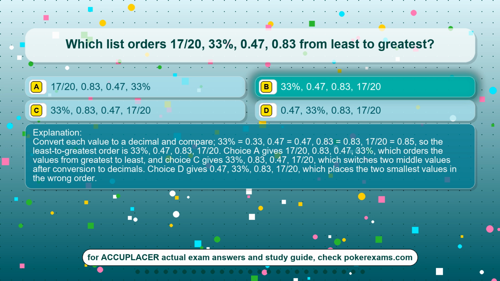Choice A gives 17/20, 0.83, 0.47, 33%, which orders the values from greatest to least, and choice C gives 33%, 0.83, 0.47, 17/20, which switches two middle values after conversion to decimals. Choice D gives 0.47, 33%, 0.83, 17/20, which places the two smallest values in the wrong order.